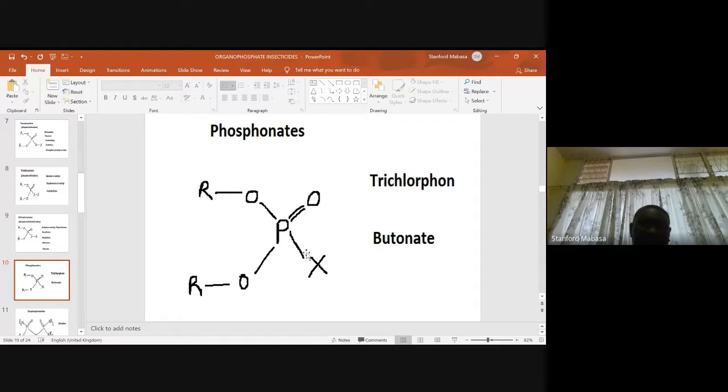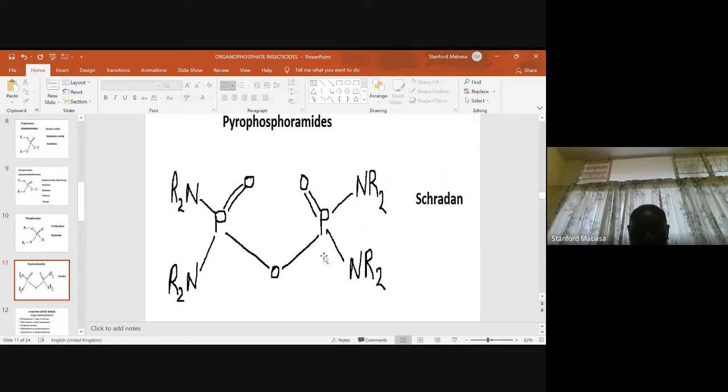Here we have got the leaving group near phosphorus. And we have got these two, trichlorfon and butonate. And lastly, we have got the pyrophosphoramide. Pyrophosphoramide, Schradan, is one of the products.